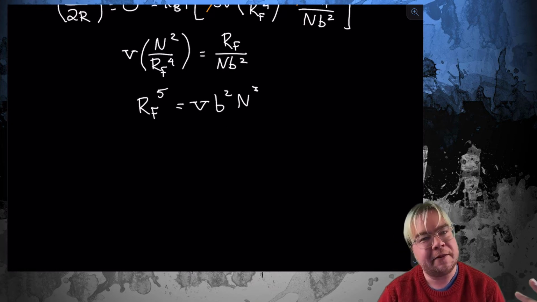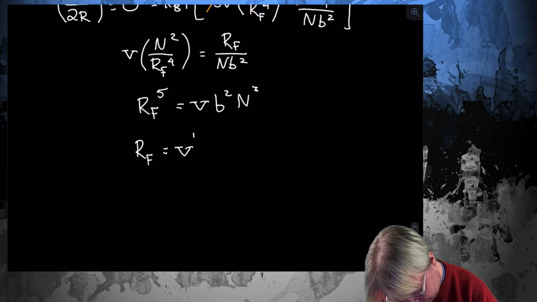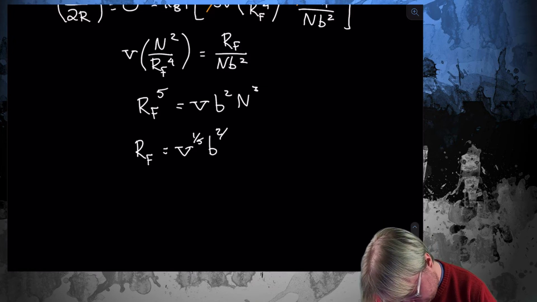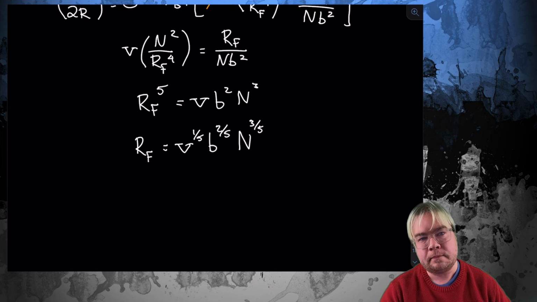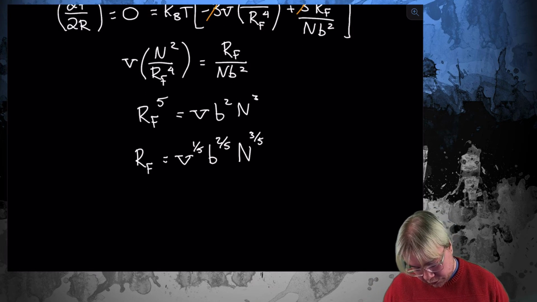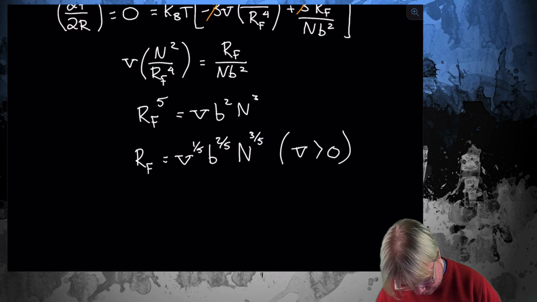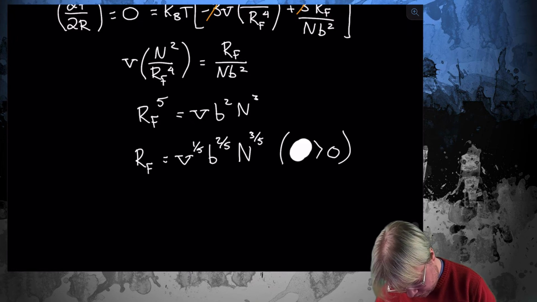Well, this is easy. We'll just take the 5th root. So RF will be v to the 1/5 power, b to the 2/5 power, N to the 3/5 power. And that's it. That's the size of a chain. We're assuming here that v is greater than 0, right? Let me clean that up.